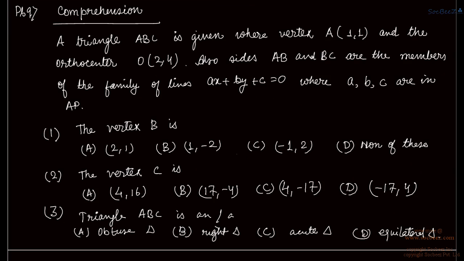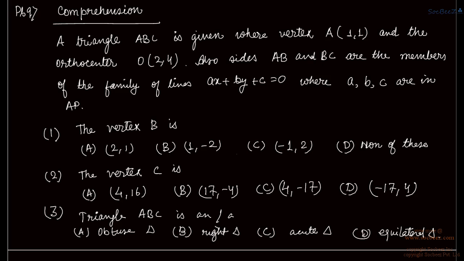So the comprehension is: a triangle ABC is given where vertex A is (1, 1) and the orthocenter is (2, 4). So we have a triangle with one vertex and its orthocenter given. So let us recall what the orthocenter is. Orthocenter is the point of concurrence of the altitudes of a triangle, where all 3 altitudes meet. That point is called the orthocenter.